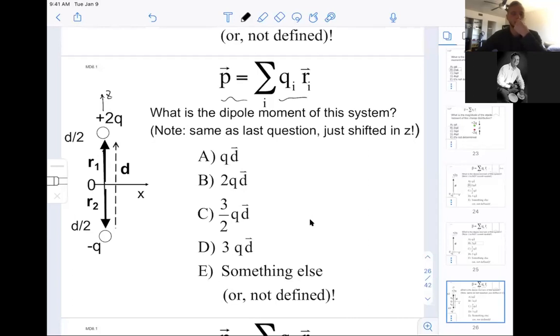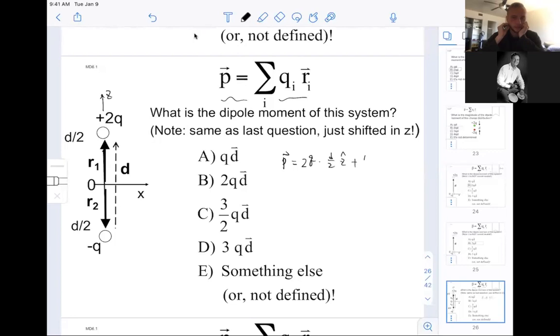As we put in a mental note earlier, do you think the dipole moment could depend on your choice of the origin? We had looked at a couple of examples before and it didn't. Now let's see if that's still the case. We can simply calculate this dipole moment by adding up all the charges. One is positive 2q, located at d/2 in the z direction, so I multiply by that r_1.